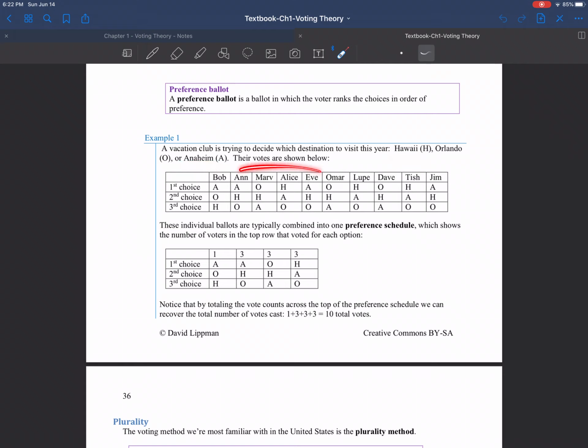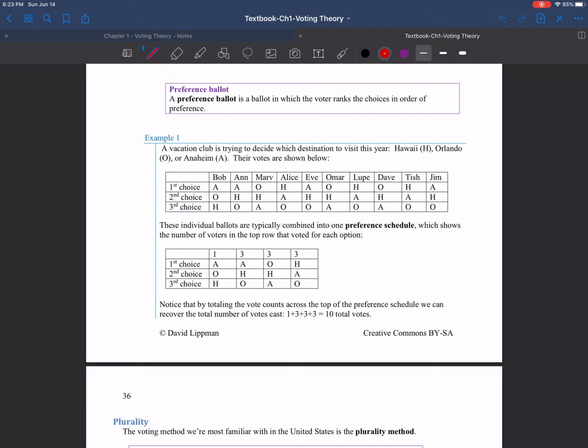So they take a vote. Bob votes like this. His first choice is Anaheim, followed by Orlando, followed by Hawaii. Anne wants Anaheim also, but she prefers Hawaii over Orlando. Mary likes Orlando best, followed by Hawaii, followed by Anaheim, etc. So they all place their votes.